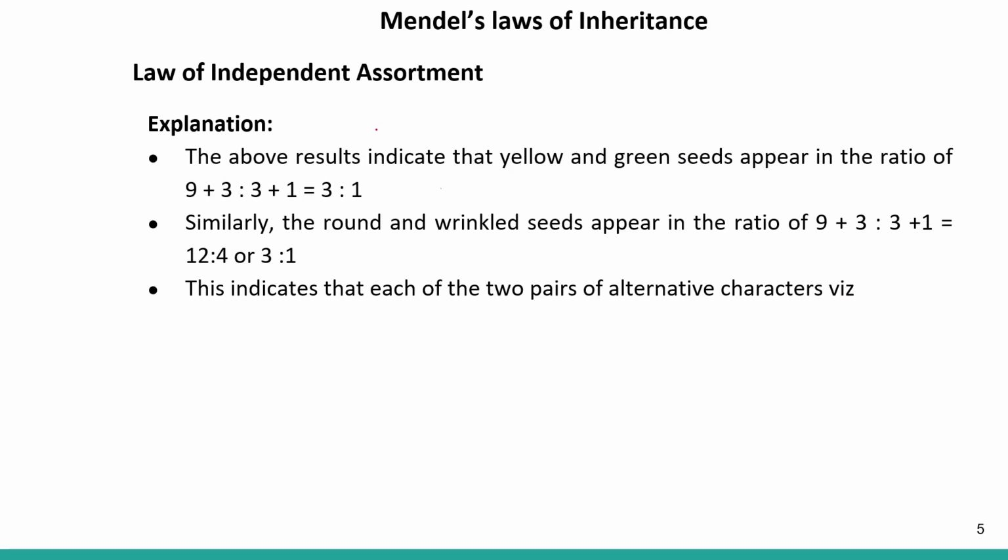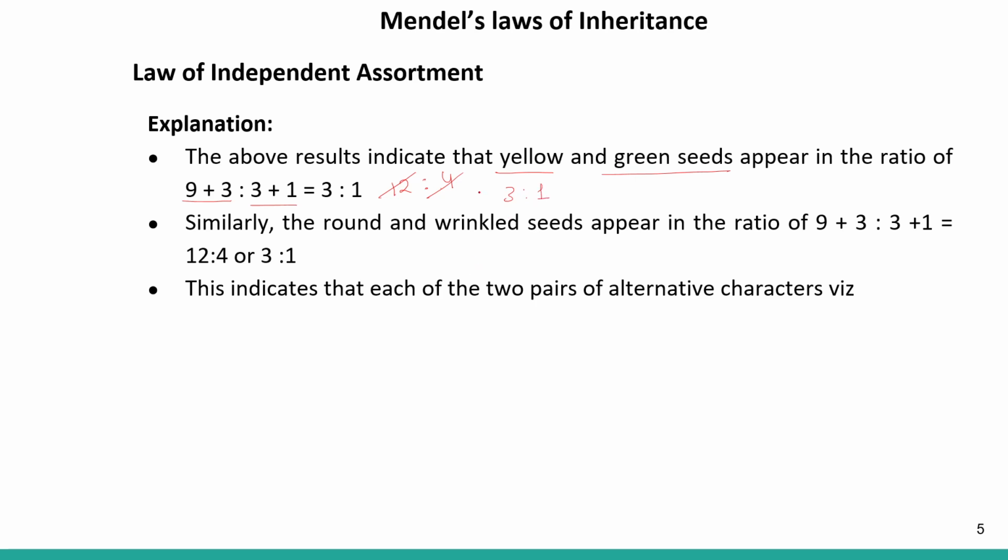Then the explanation of this: the above result indicated that yellow and green seeds appear in the ratio of 9+3 and 3+1. So what will be the correct number? 9+3 will be 12, and 3+1 will be 4. When you simplify it, you get 3:1.